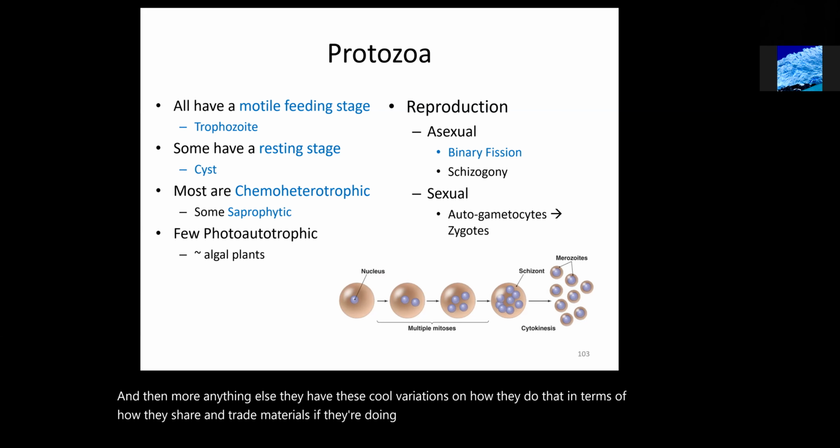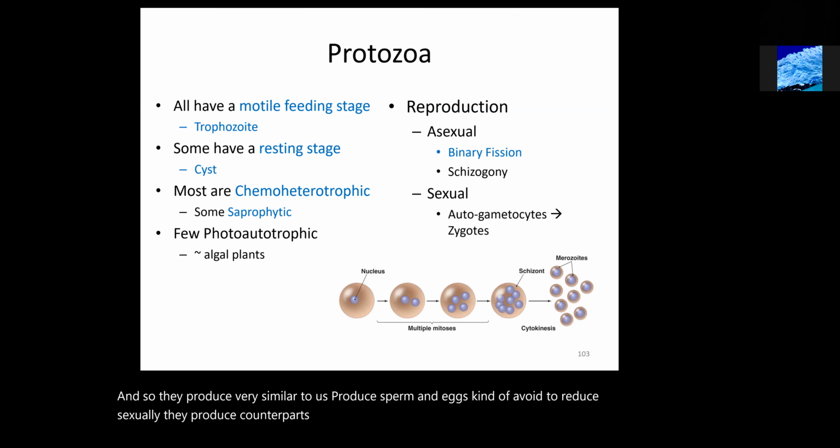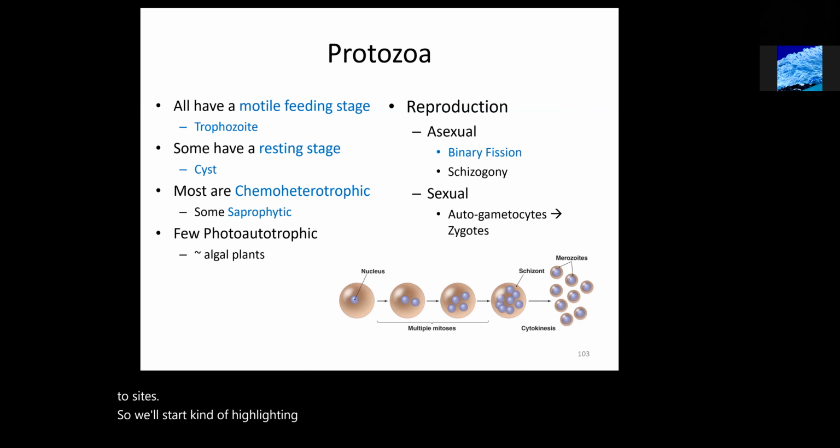Very similar to us, where we produce sperm and eggs to reproduce sexually, they produce counterparts to those as well. These are referred to as gametocytes. We'll start highlighting which ones do which, and where and why, as we go through the examples. So that's part of the plan for what we're going to do today.